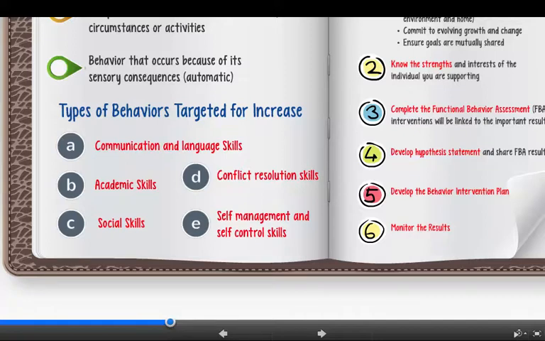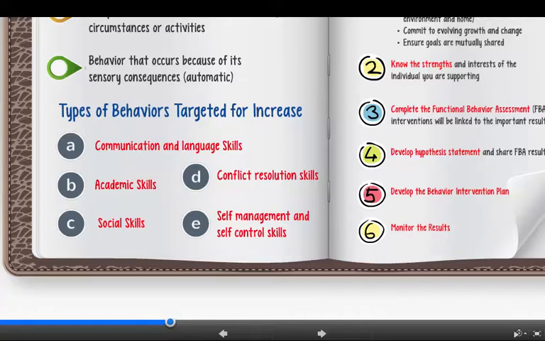So for those of you, once again, that are working in schools, you will be focusing on academic skills. Another category of behavior targeted for increase is social skills. This cuts across every setting that you could possibly work. It doesn't matter if you're in a community-based setting or a school-based setting or a home-based setting or a clinic-based setting or a hospital-based setting.